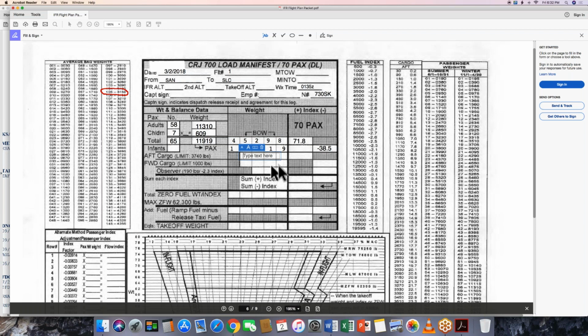So do you guys want to split it up over these two sections, or are you good just throwing it all in the back? I would put 1,000 in the forward and then the rest in the aft because you're going to have more in the aft anyway, and you would balance the center of gravity a little bit better, I would say. Okay.